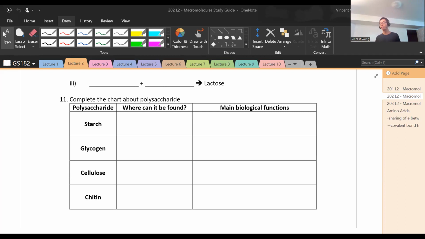Cellulose forms the fibers in plants and forms the cell wall around the cell, which makes up the crunchy part of the plant. Chitin is the specialized polysaccharide that forms the shell of crabs, lobster, clams, and so on and so forth. It also forms the exoskeleton of insects. So these are the four kinds of polysaccharides that we learned from last class.